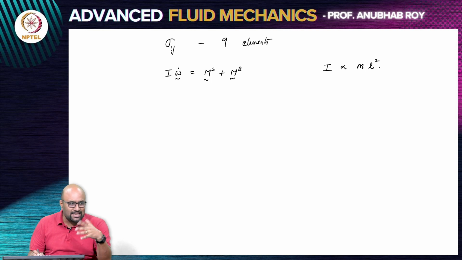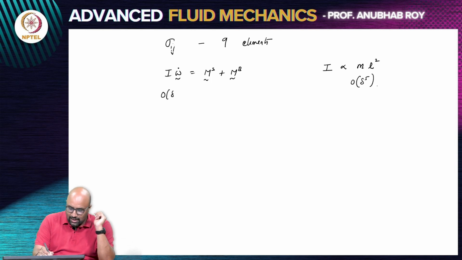You can find the exact value for a given shape, but dimensionally it is mass times some length dimension squared. If the object has dimension delta, mass would scale as delta cube, so the mass moment of inertia will be order delta to the power 5.